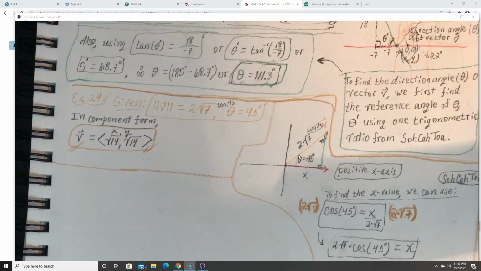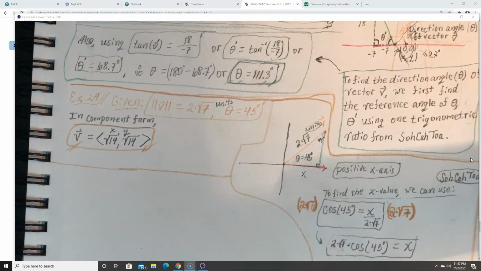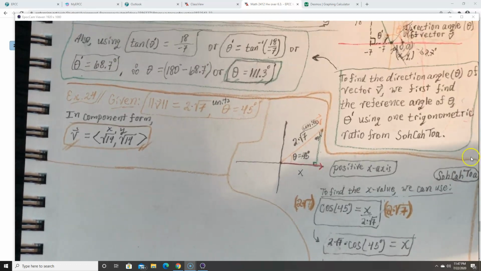Okay, I just picked, let's find this adjacent one. So we write down, to find the x value we can use from SOHCAHTOA adjacent over hypotenuse. Adjacent is x, hypotenuse is 2 times square root of 7.